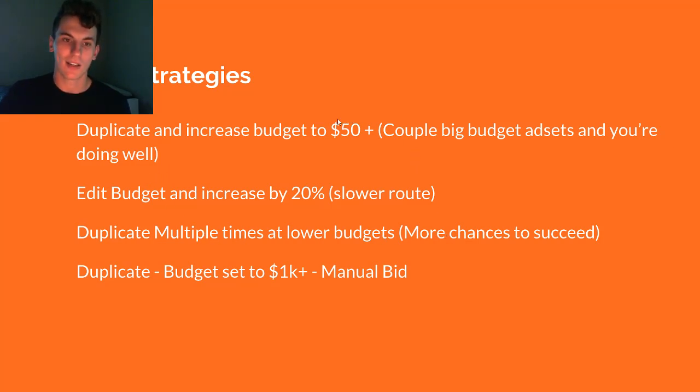So rather than increasing the budget to 100, you're going to duplicate the ad set 10 times at $10. So you will still be spending $100 throughout that day, but you'll have 10 different ad sets, which increases your chances of doing well. There's another strategy that you can duplicate the budget to 1K and manual bid. I'm not too familiar with manual bidding.